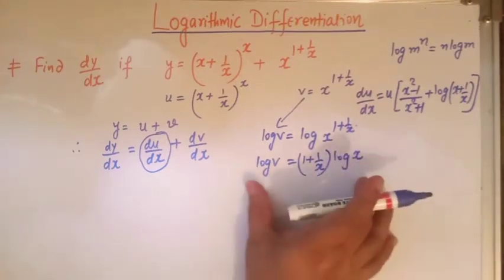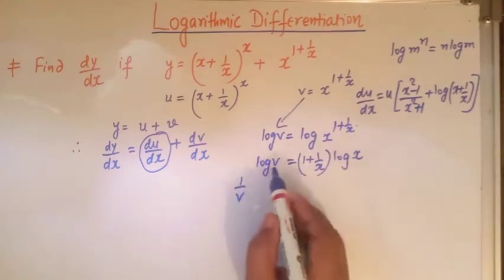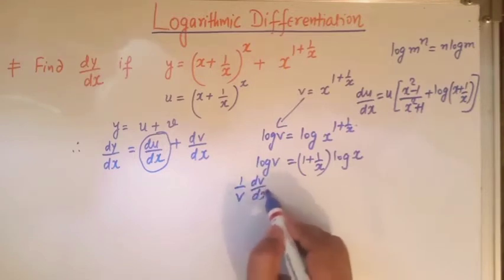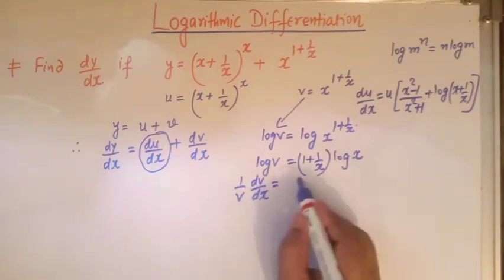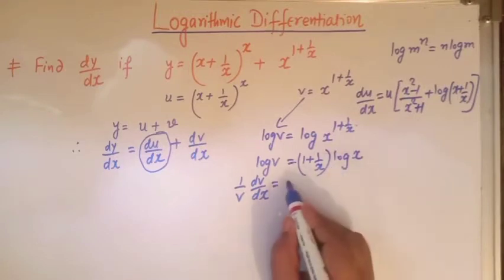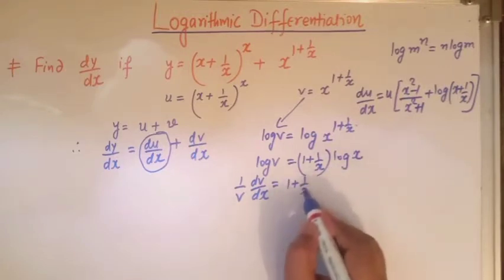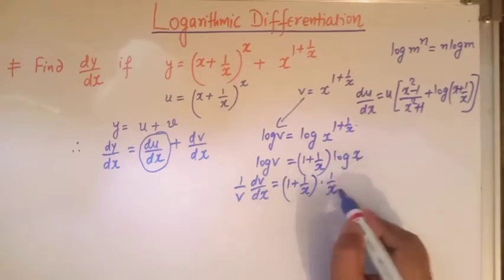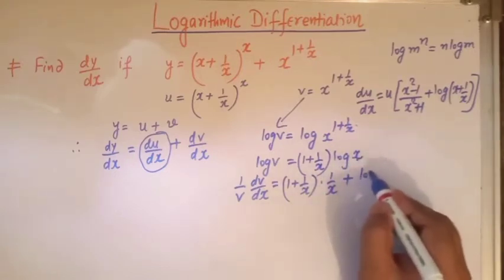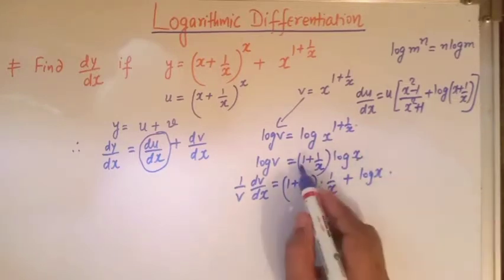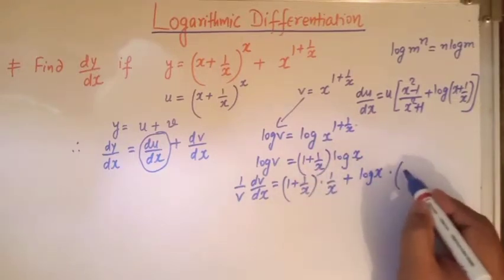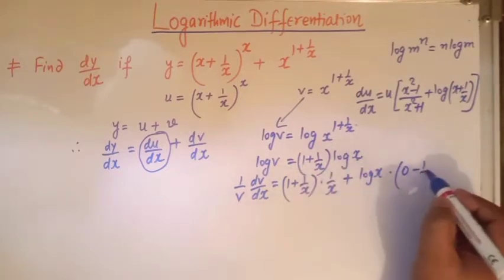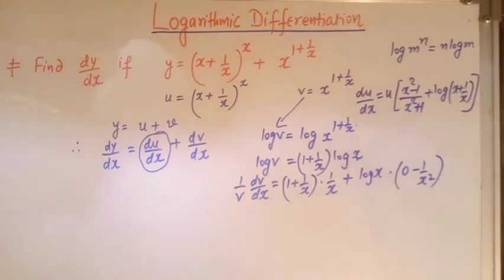Now differentiating both sides, the derivative of log v is 1/v. Then we have dv/dx is equal to, this is the product of two functions. So we'll have (1 + 1/x) times the derivative of log x, which is 1/x, plus log x times the derivative of 1 + 1/x, because the derivative of 1 is 0 and of 1/x is minus 1/x².